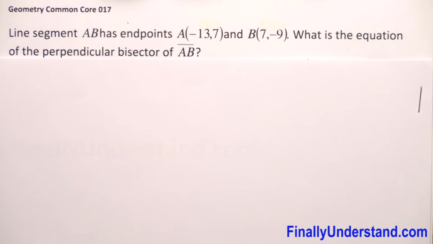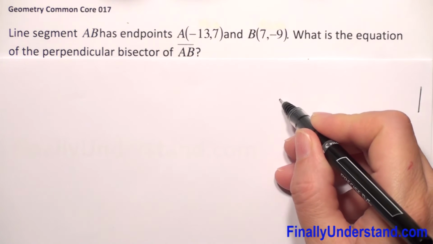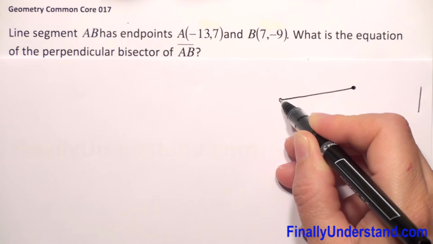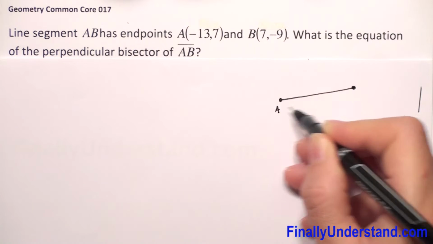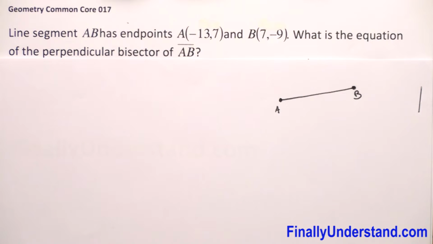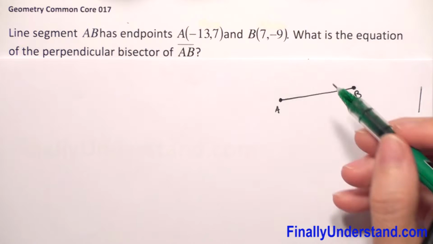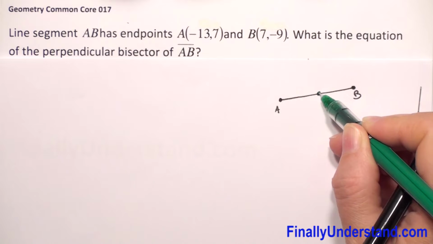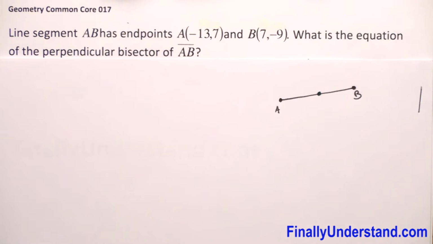midpoint. So when we have segment AB, you can sketch this segment, endpoints A and B. First we have to find the midpoint of segment AB. Next we have to find the perpendicular line to the segment AB.